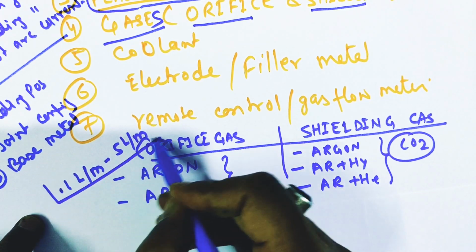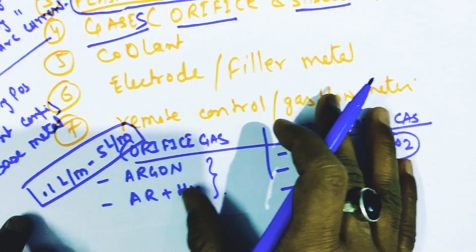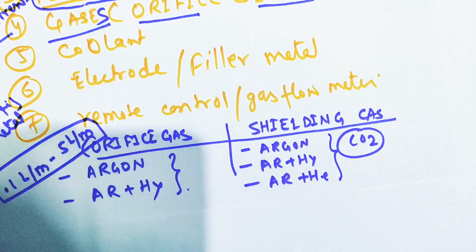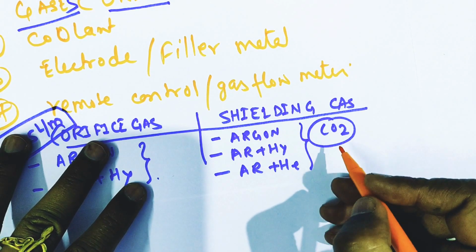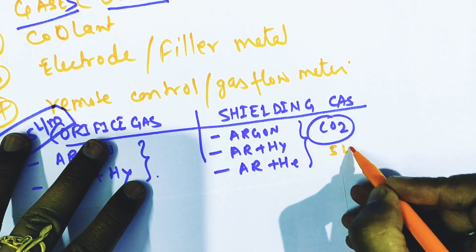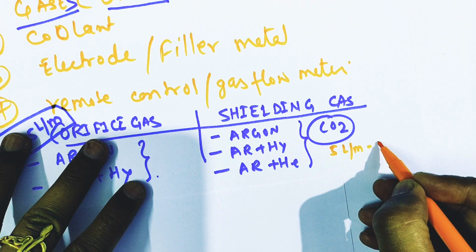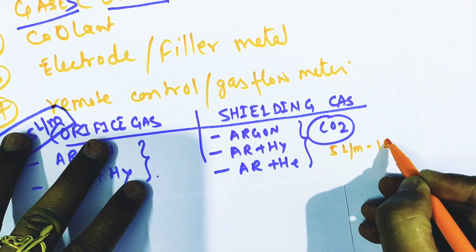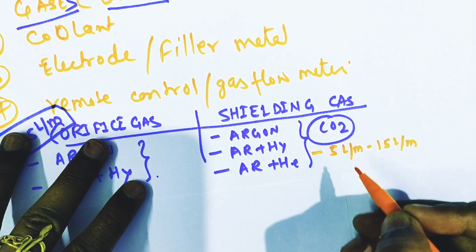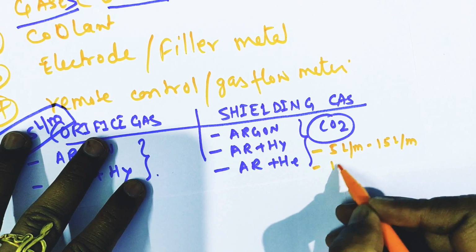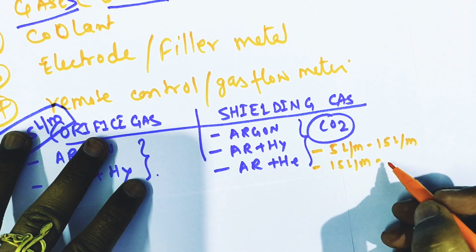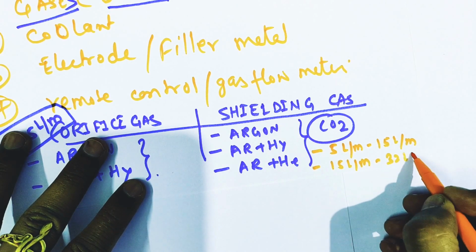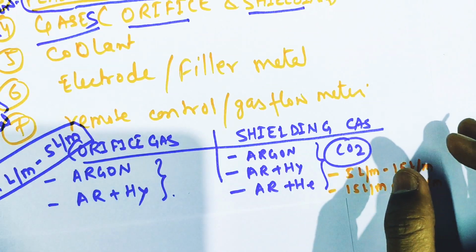And for shielding gas, the flow rate shall be between 5 liters per minute to 15 liters per minute for low current application. For high current application, it can be between 15 liters per minute to 32 liters per minute. So these are the gas flow rates.